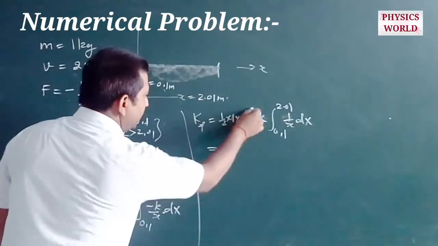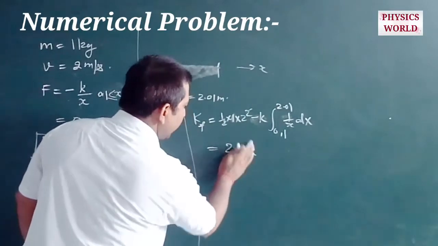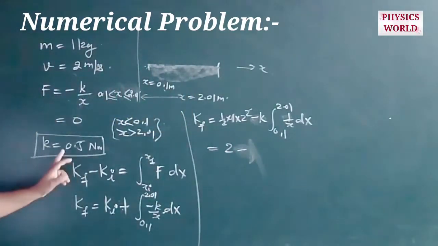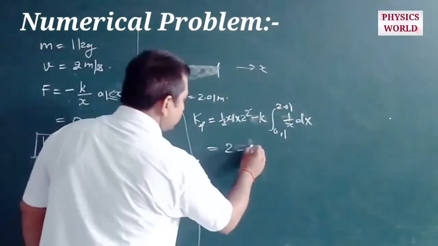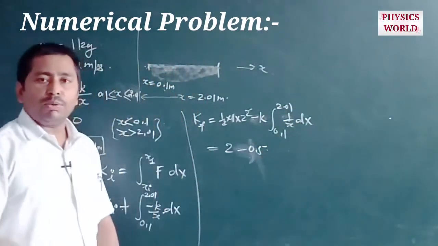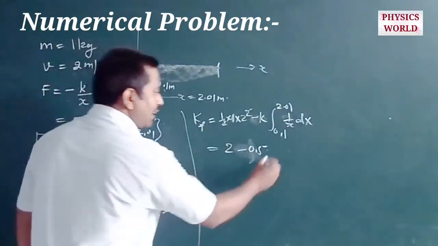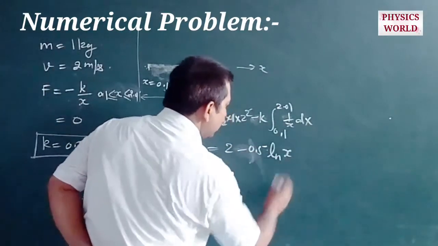So from here we get 2 minus k, putting the value of k as 0.5, into the integral of 1 by x. The integral of 1 by x is the natural log of x, ln x.